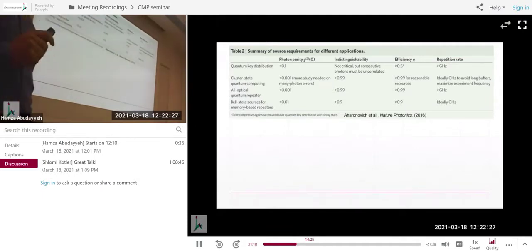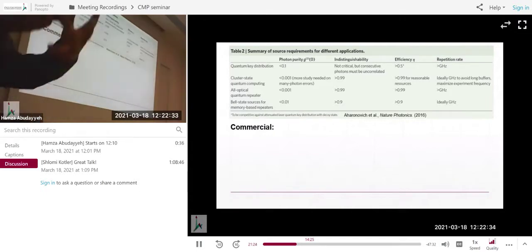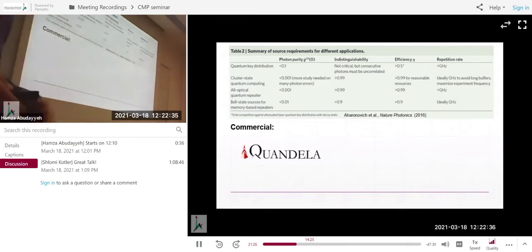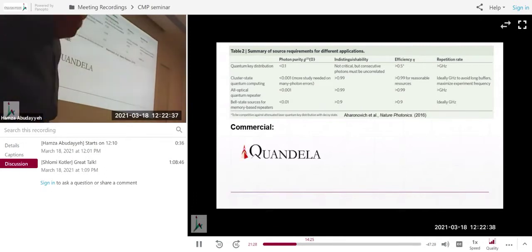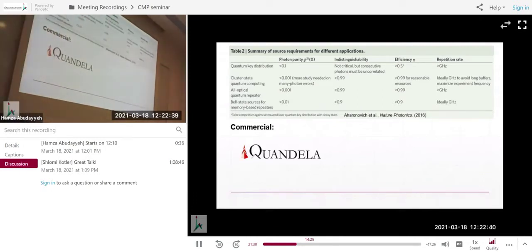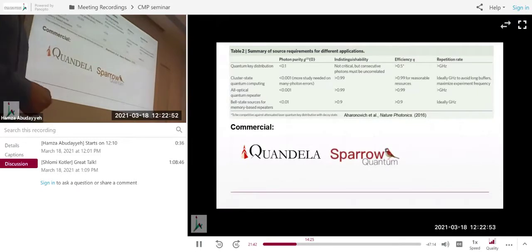Just to give you an additional motivation, these things are already commercial. There are already companies built out of academic labs that provide people with single photon sources. So their whole business is to give you a single photon source or give you a platform to use their single photon sources. One example is this company called Quandela, built out of Pascal Senellart's lab in Paris. Another example is Sparrow Quantum from Copenhagen, out of Peter Lodahl's lab.